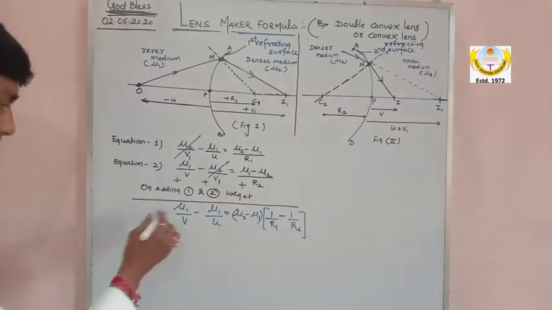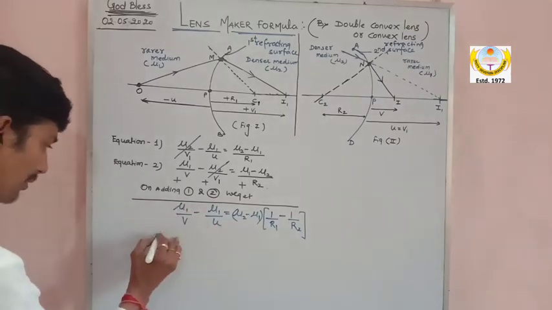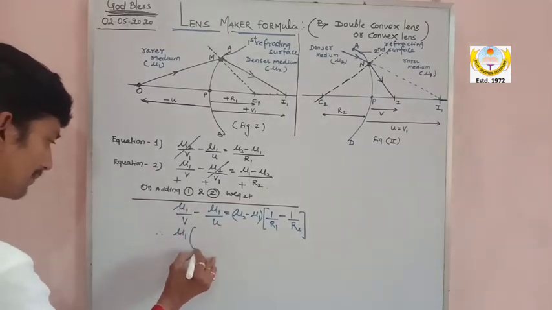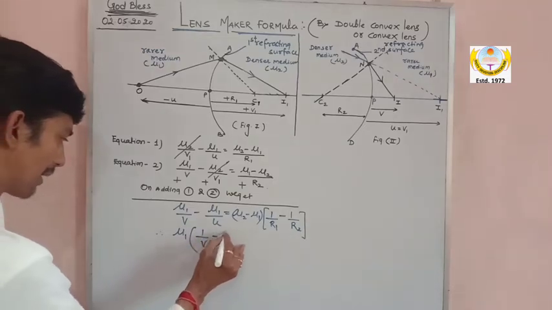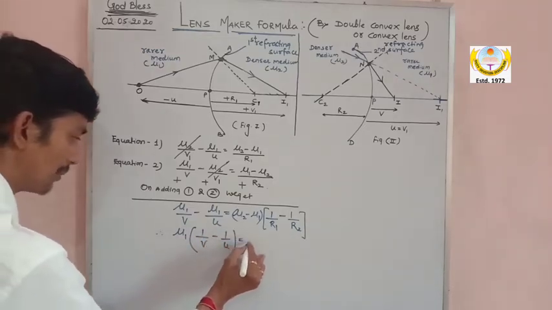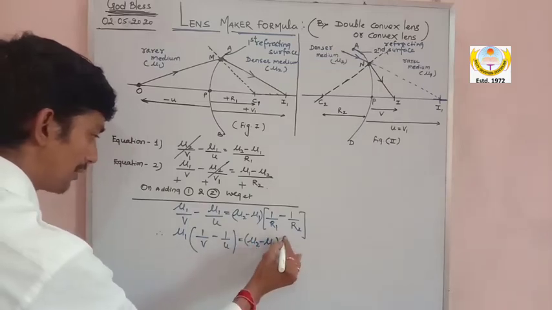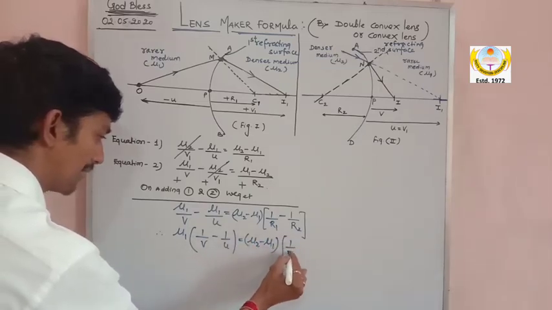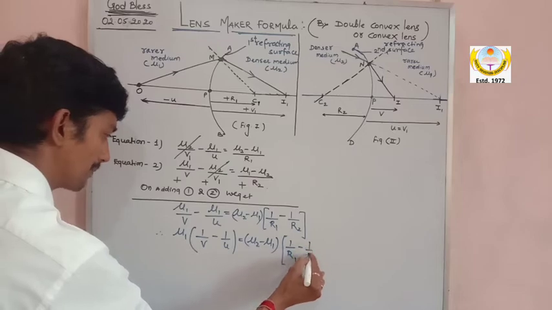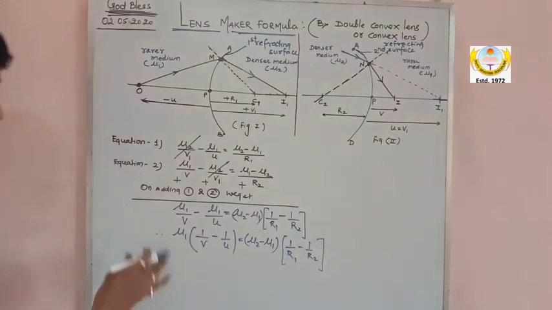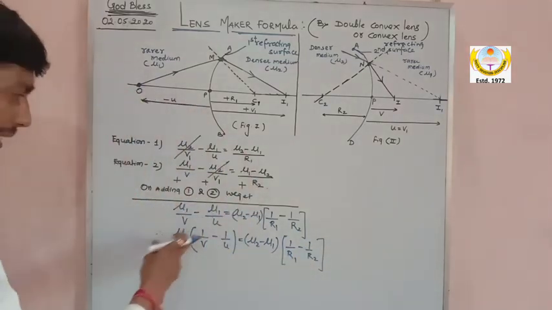So now, my dear, therefore this will be mu1 common. This is 1 upon V minus 1 upon U is equal to mu2 minus mu1 into this is 1 upon R1 minus 1 upon R2. I hope it is clear. Right, here I have taken mu1 common.